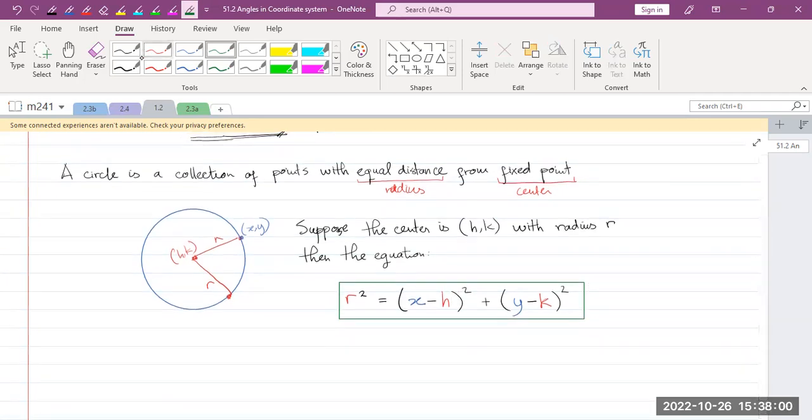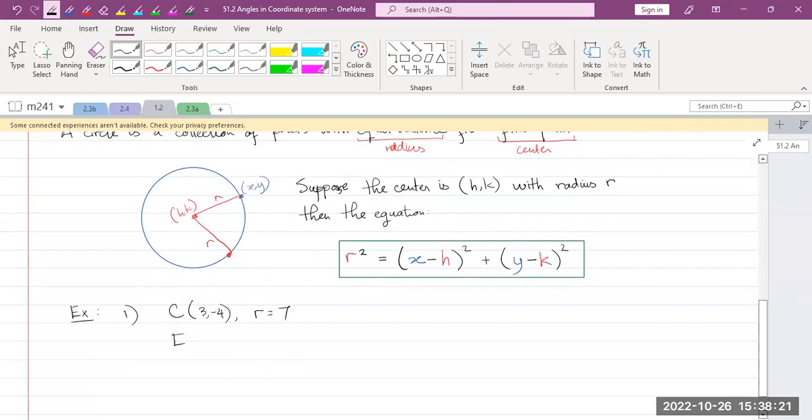Okay, so for example, call that example 1. Suppose we have the center is (3, -4) with radius equal to 7.